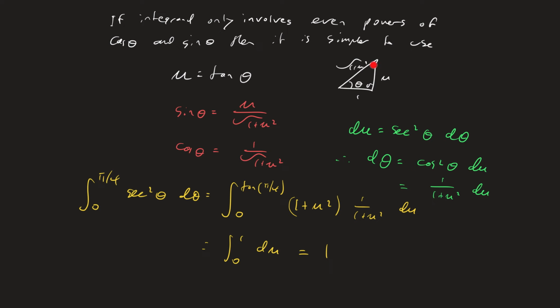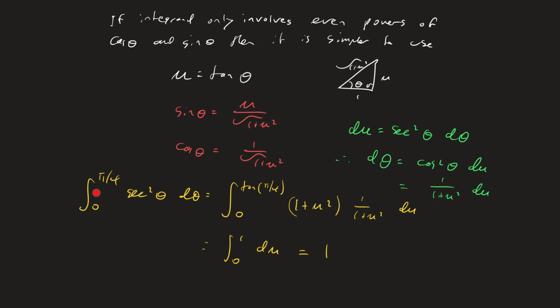By Pythagoras' theorem, the hypotenuse is the square root of 1 plus u squared, so we read off from this triangle that sine theta should be replaced by u on the square root of 1 plus u squared. Sine theta is the ratio of this length to this length, and cos theta, being the ratio of this length to this length, gets replaced by 1 on the square root of 1 plus u squared.